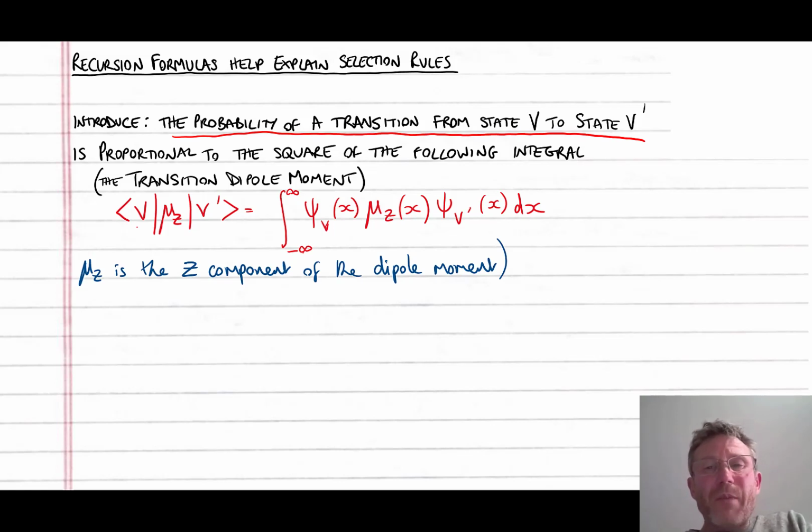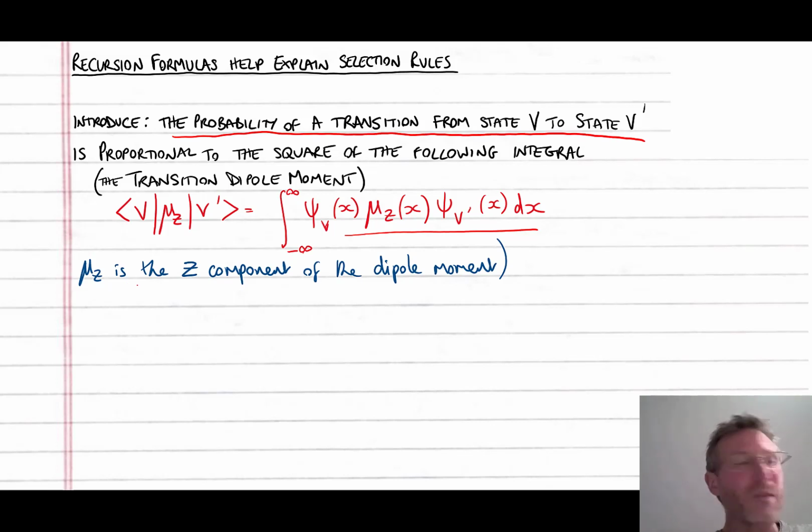But we're going to think about this now using this simple idea of the recursion formula. I've written out the integral here, and the important thing to recognize is that this mu z function is the z component of the dipole moment.